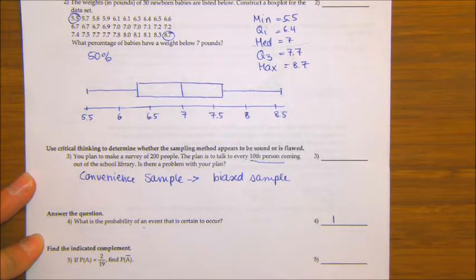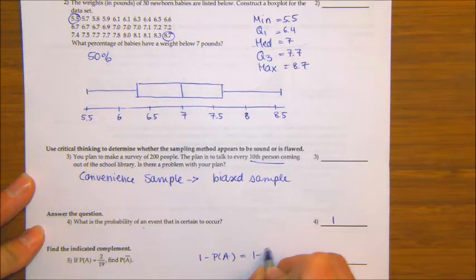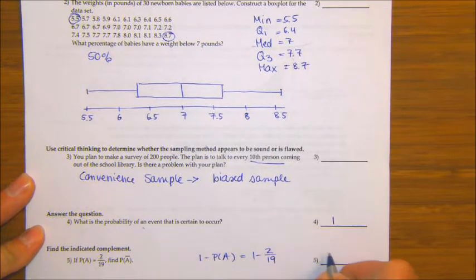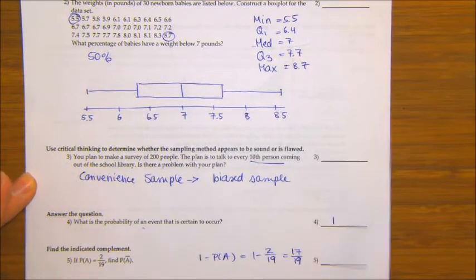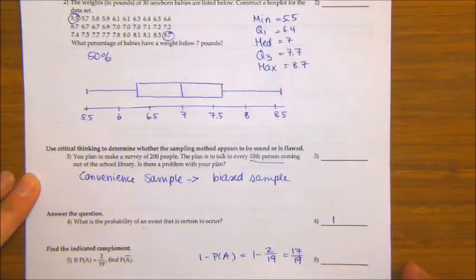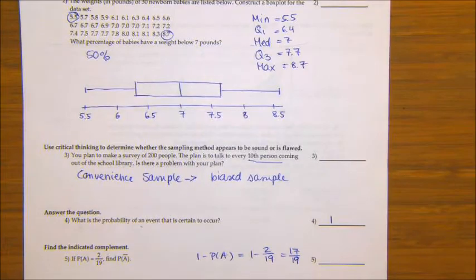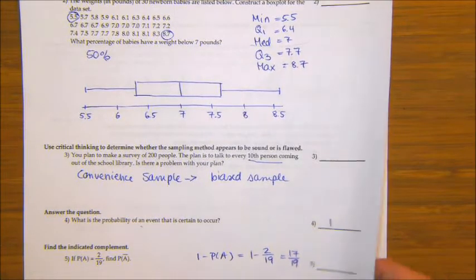Well, the probability of the complement is 1 minus the probability of A, and that's 1 minus 2/19, which is 17/19. So that's pretty simple. Your probability and the complement just add up to 1. So whether it's a fraction like over here or a decimal number, it's very simple to find the answer for that.